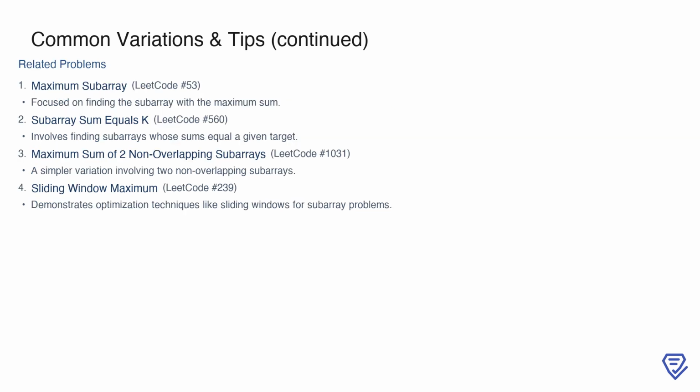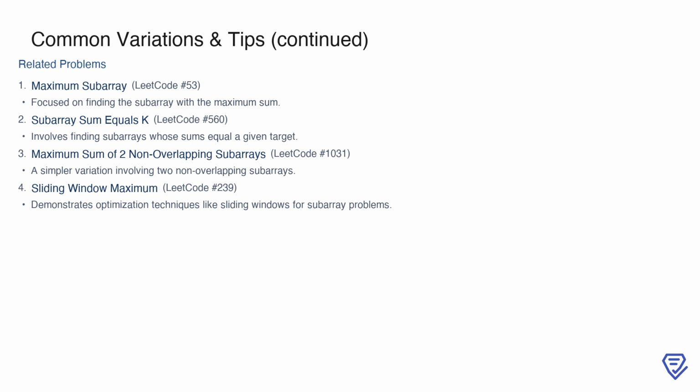This problem ties closely to several related problems on LeetCode. One example is the maximum subarray problem, also known as LeetCode number 53, which focuses on finding the subarray with the maximum sum. Another related problem is subarray sum equals k, or LeetCode number 560, where the goal is to find subarrays whose sums equal a given target.